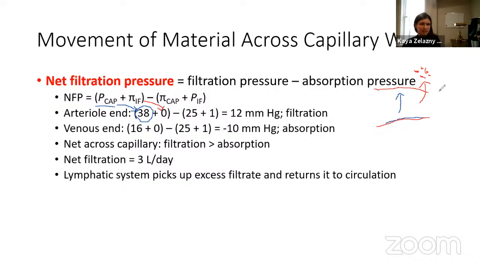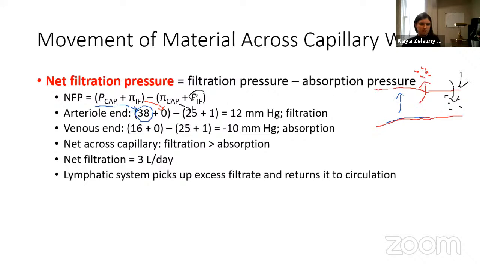And then we're subtracting our forces for absorption. So we have the pull exerted by our proteins in the blood, the pull on water towards those particles. We're trying to water them down. So pi cap is 25. And then the physical pressure of the interstitial fluid pushing towards the blood.